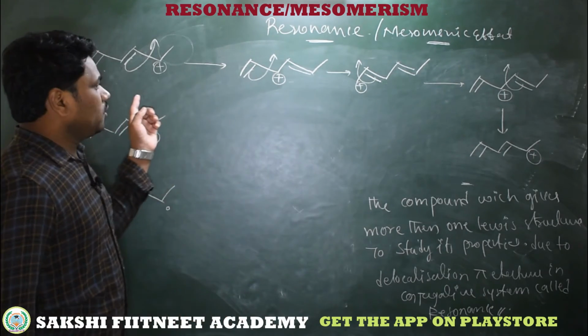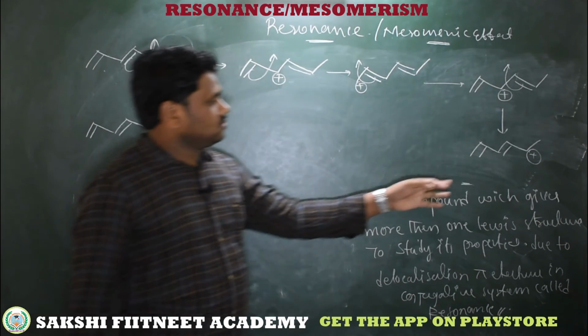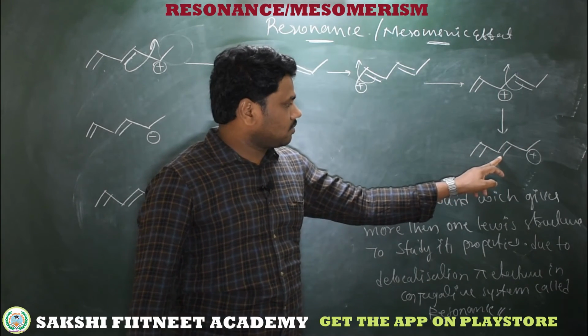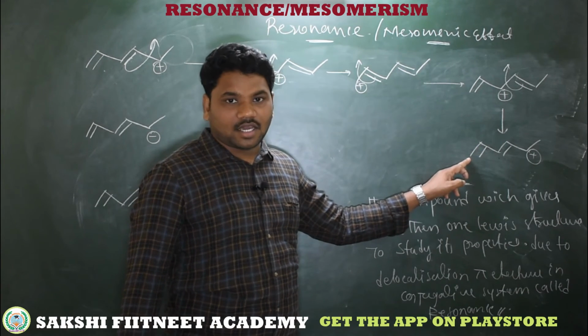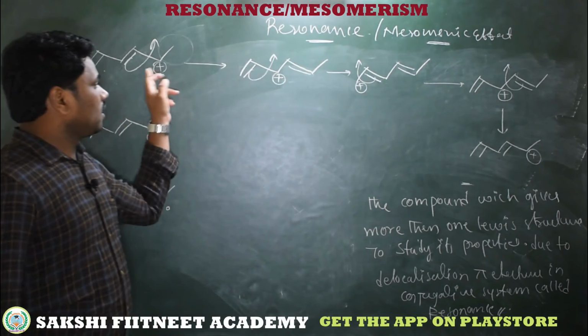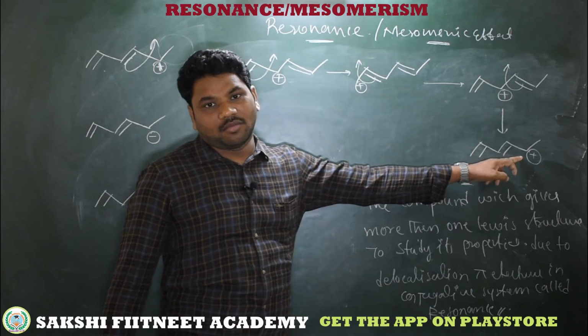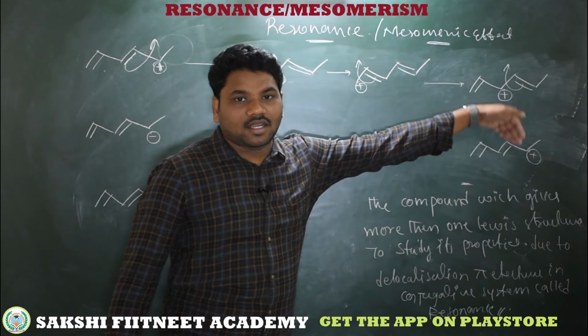This is a continuous phenomenon. Again this electron shifts here and we get a positive charge at this carbon. Again this electron shifts here and we get a positive charge at this carbon. Again back in resonance. So this is a continuous phenomenon. In this resonance, what is happening? That carbocation is getting stability, or this resonance is stabilizing that carbocation.